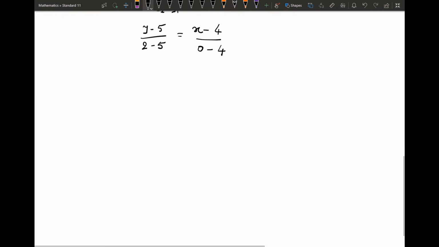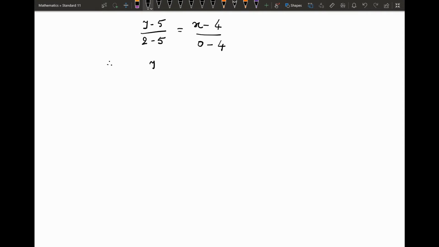Now we simplify this equation. Therefore, (y minus 5) upon minus 3 equal to (x minus 4) upon minus 4. So minus minus plus, (y minus 5) upon 3 equals (x minus 4) upon 4.